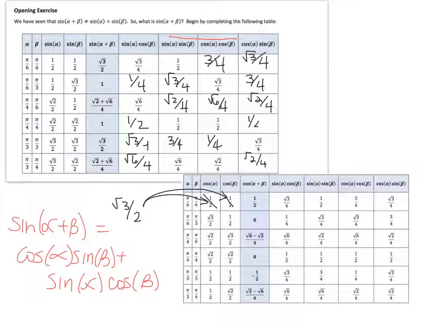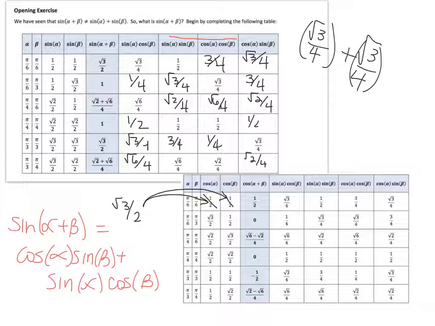So let's see if we can find that pattern up in that top table. Sine of alpha plus beta equals cosine alpha sine beta, right here, square root of 3 over 4, plus sine alpha cosine beta, plus the square root of 3 over 4.